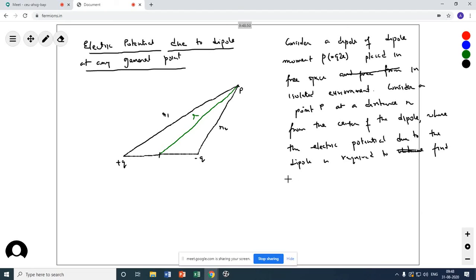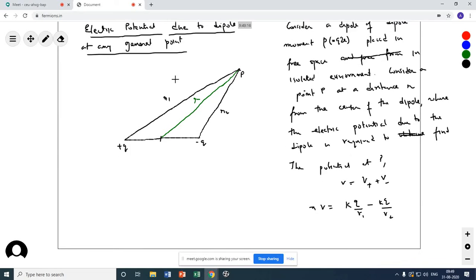The total potential at P will be V equals sum of V plus and V minus. That means V is equal to kq by R1, then a minus, so minus kq by R2.